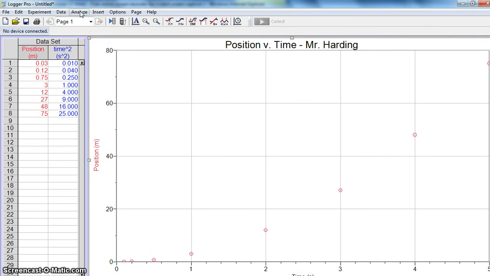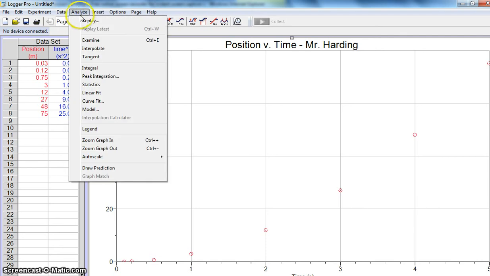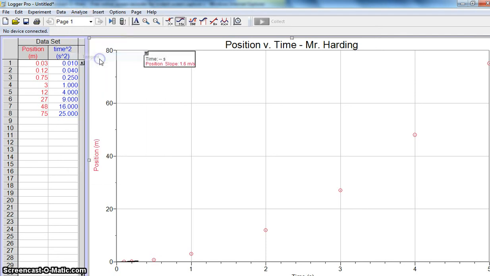And that curve informs us about velocity, because as we determined in one of the earlier units, velocity is the slope on the position versus time graph. So there's a tool here called the tangent tool under the Analyze menu that will allow you to go in and get values for a tangent line to the curve at those various points on the graph.